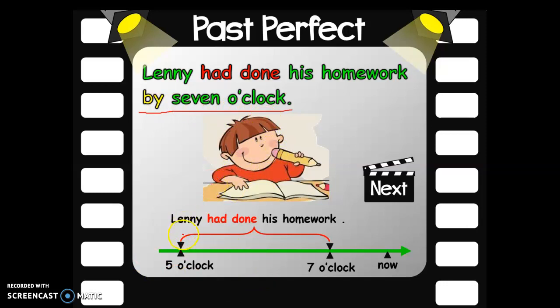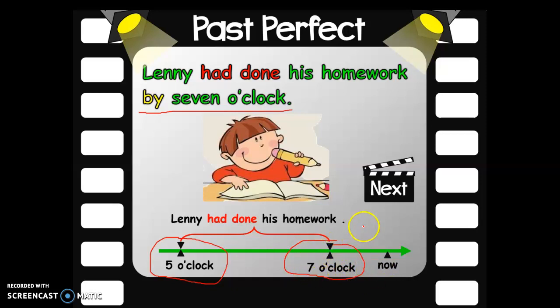Imagine that Lenny has been working since 5 o'clock, and when 7 o'clock arrived, Lenny had done his homework. In other words, he had completed his homework by 7 o'clock.